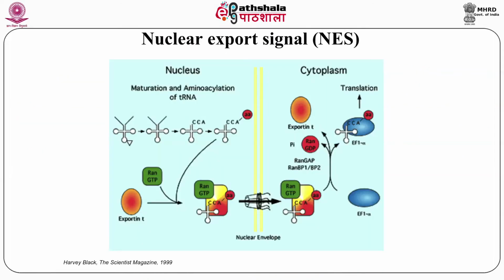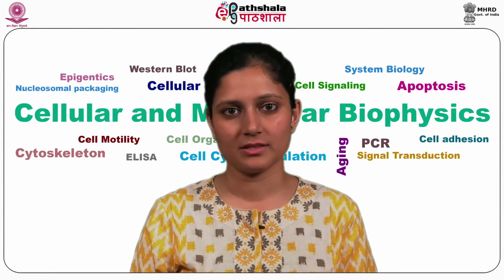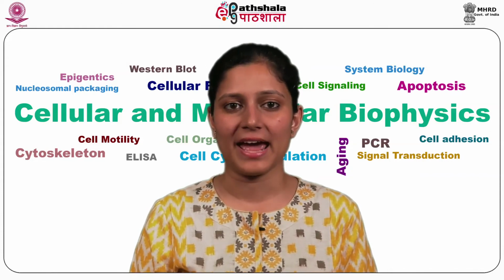The tRNA must mature inside the nucleus before export. Therefore, tRNAs are aminoacylated and only tRNAs charged with an amino acid are exported efficiently. The tRNA exporter in vertebrates is called exportin T. It binds directly to its tRNA cargo in the nucleus with the help of RAN GTP.